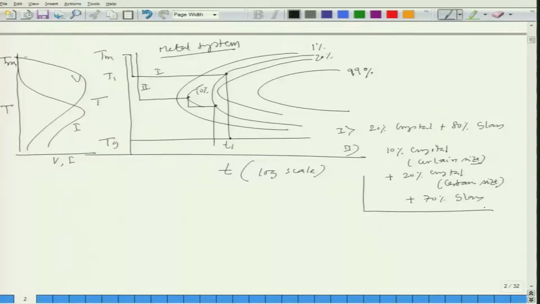So, that way we can design many other heat treatment routes, but this is appropriate because these diagrams have been plotted as in the last class we have seen, x with time at a particular temperature. So, this is basically the isothermal S curve.